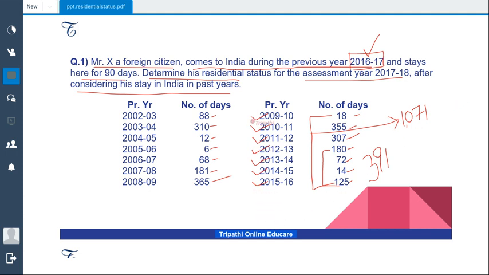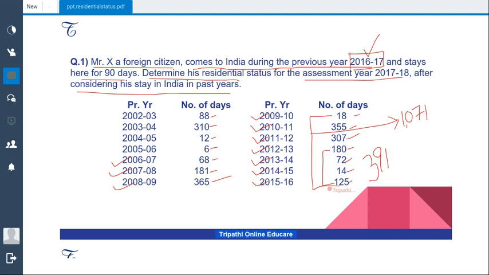So right now we have 7 preceding previous years. We will include 3 more: 2008-9, 2007-8 and 2006-7. So till 2006-7, for each and every year, you will have to find out whether he is resident of India or non-resident of India.